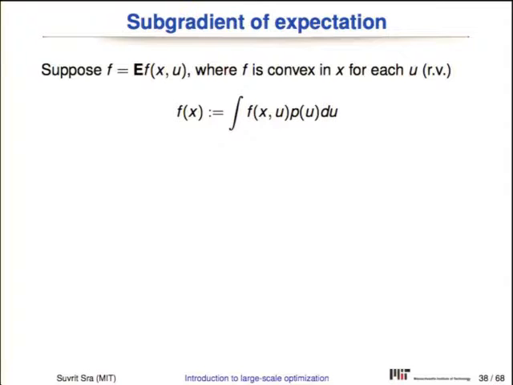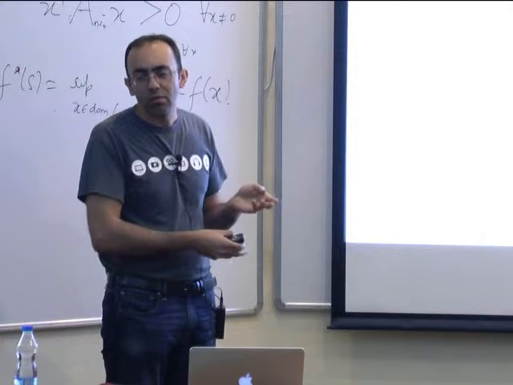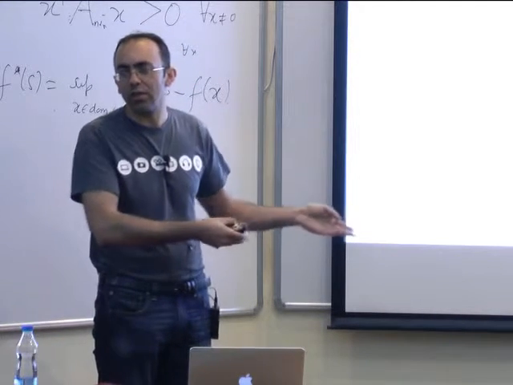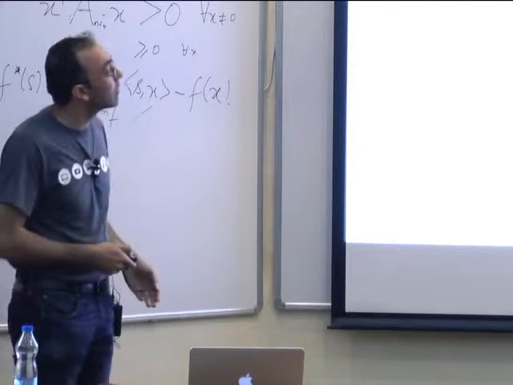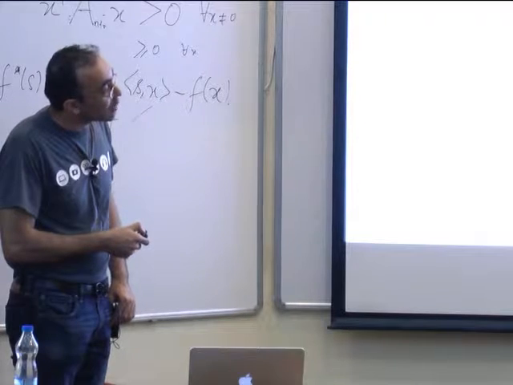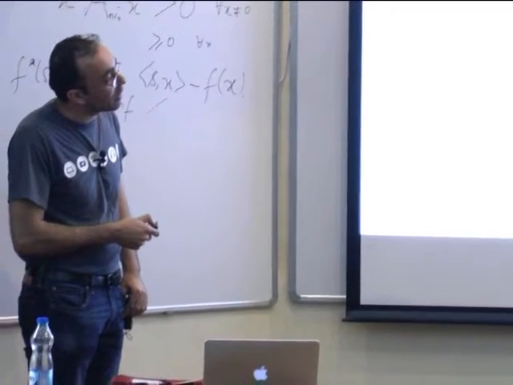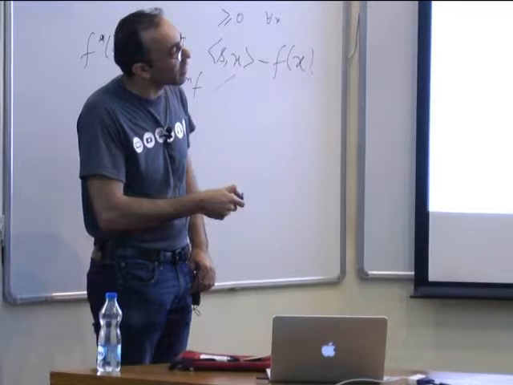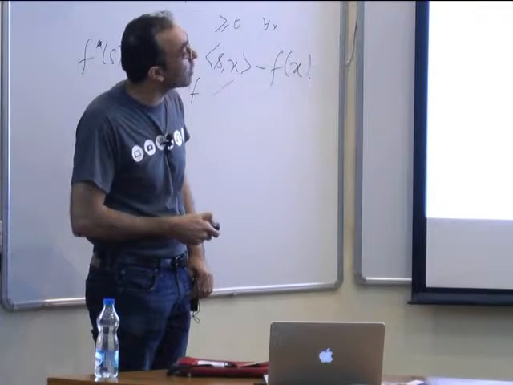Another thing which we'll see tomorrow is if f of x is given by a summation over an infinite number of things, which is called integration, written as that integral, and each of those f of x comma u is convex in x for every u varying over some space. You just add those things up.